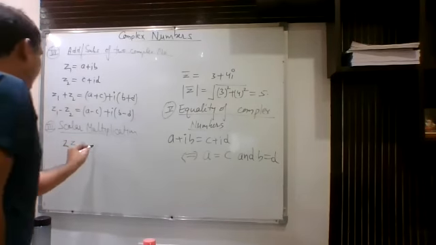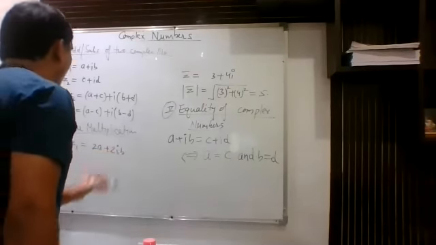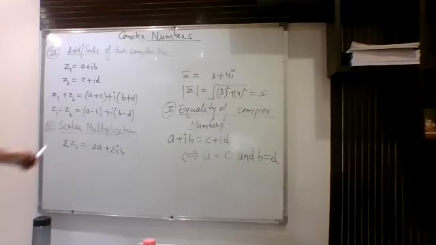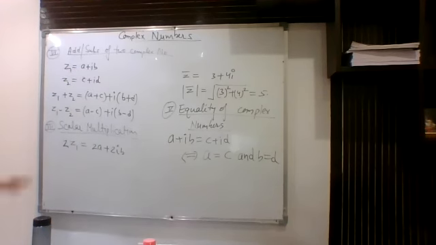So 2 times of Z1 means 2a plus 2 times of iota b. So when we want to find 2 times of Z1, you will just multiply real part with 2 and imaginary part will also be multiplied with 2. So this is known as scalar multiplication. Why is it known as scalar multiplication? Because we are multiplying with a scalar quantity, that is 2. Or we can multiply by 5 or we can multiply by 10. So this is how we can do scalar multiplication.